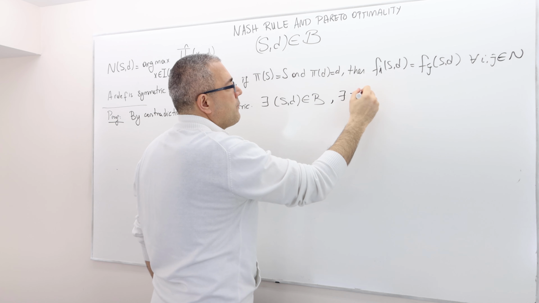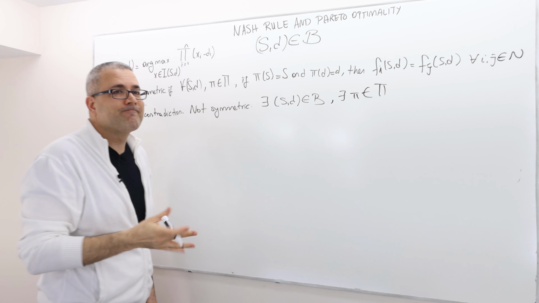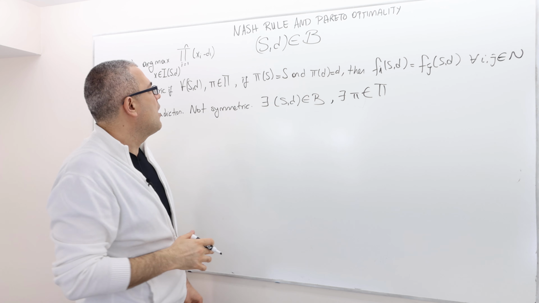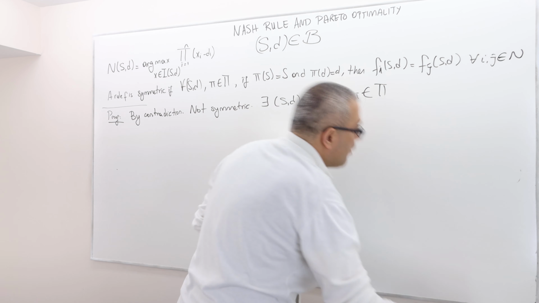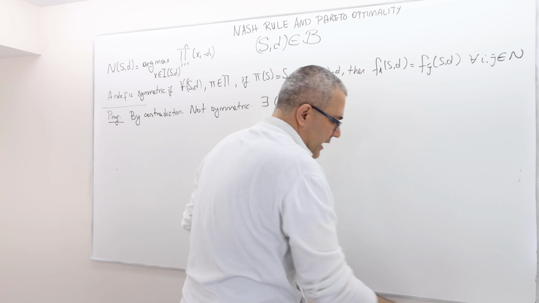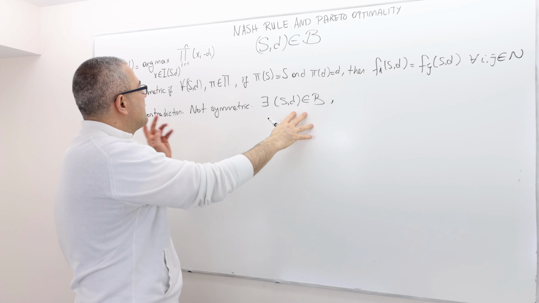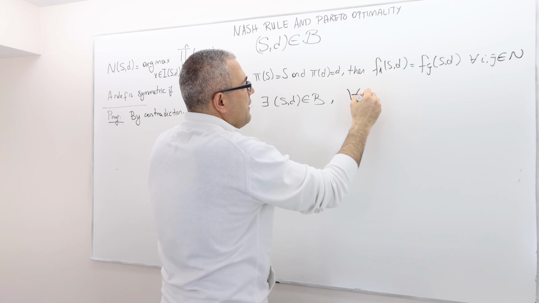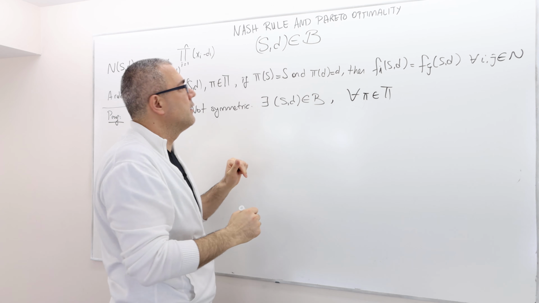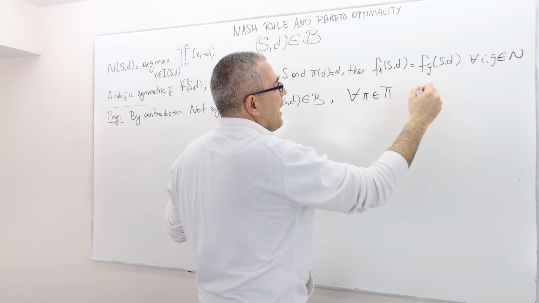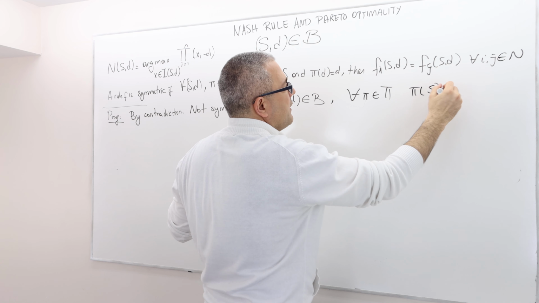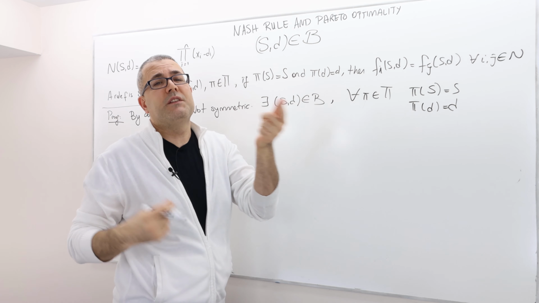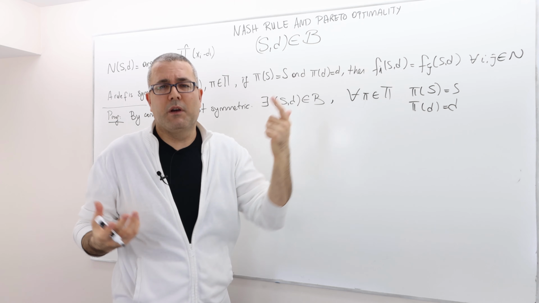So there exists some bargaining problem such that for every permutation, we have pi of S equals S, pi of D equals D. If the game is symmetric, then the solution must be symmetric.